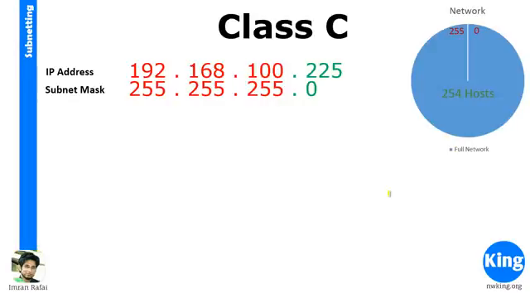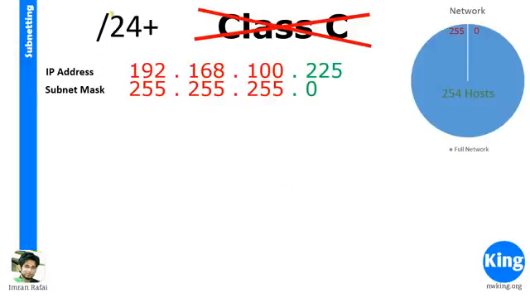Now is when we get into really interesting things. Let's take the same IP address 192.168.100.225. Subnet mask is 255.255.255.0. That is your Class C IP address. First thing we need to know: the minute you say subnetting, we go into something called classless.